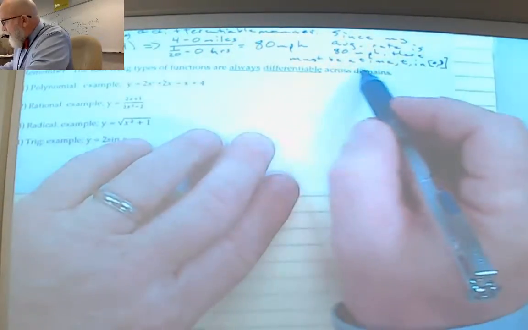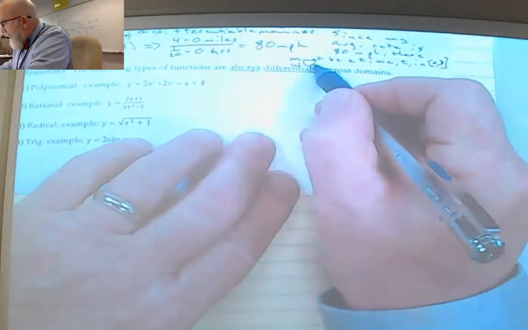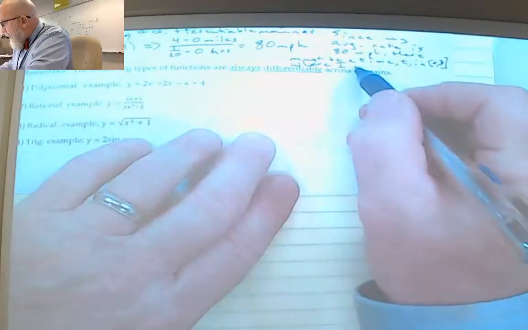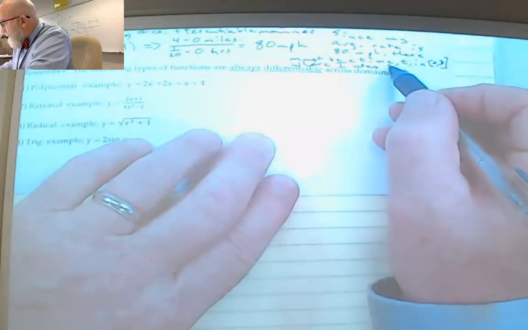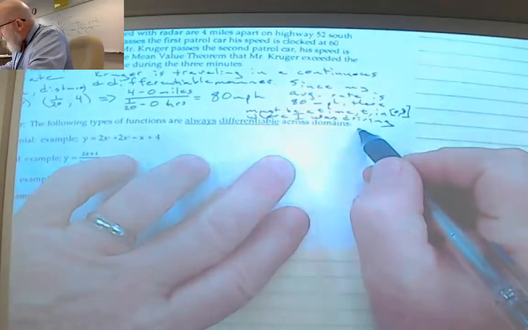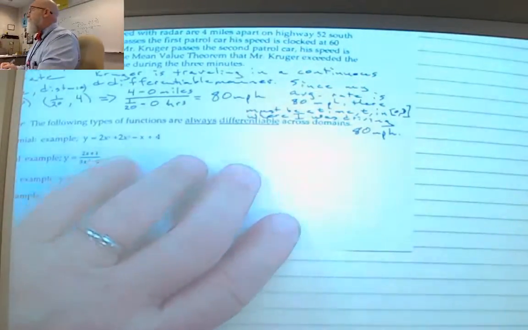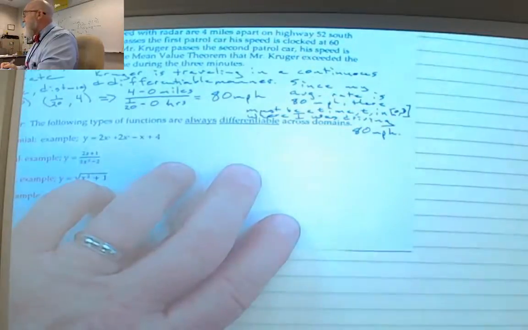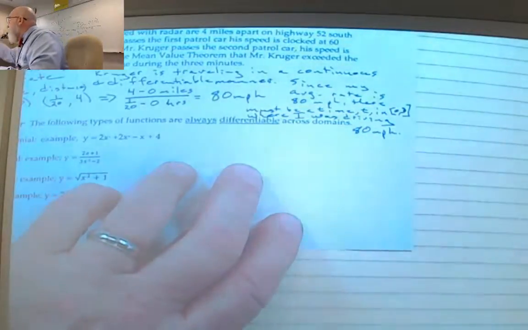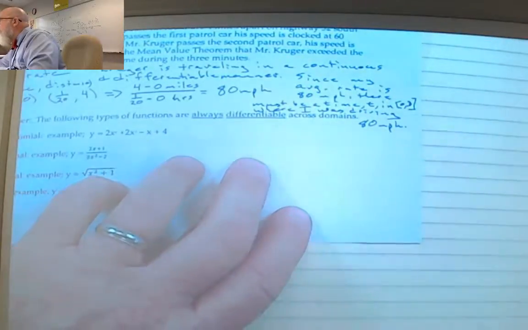There must be a time t in 0 to 3 where I was driving 80 miles per hour. And that exceeds the speed limit, doesn't it? Okay. Continuous, differentiable. Average rate.